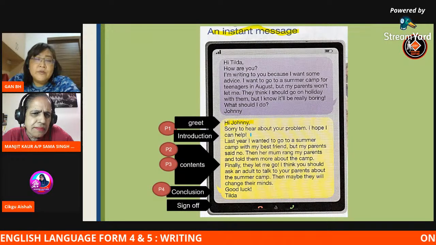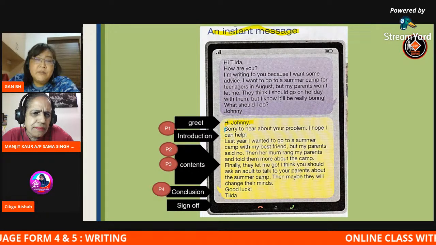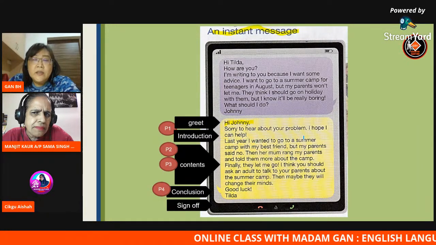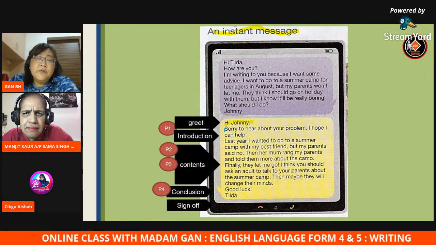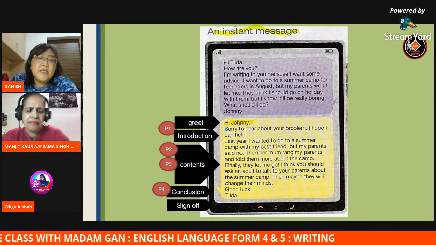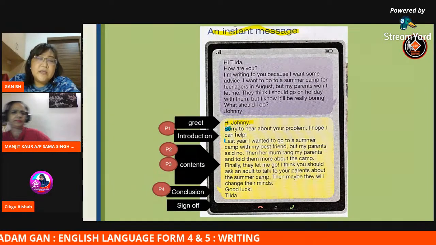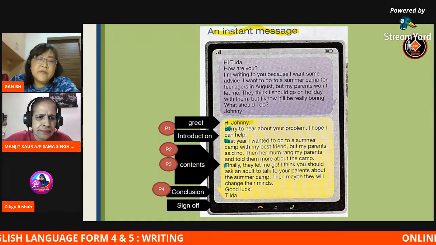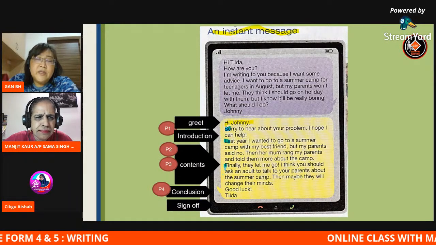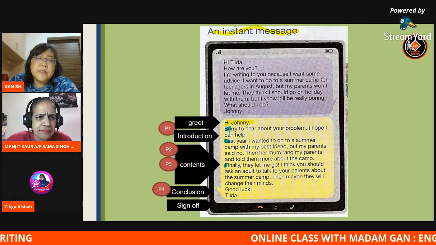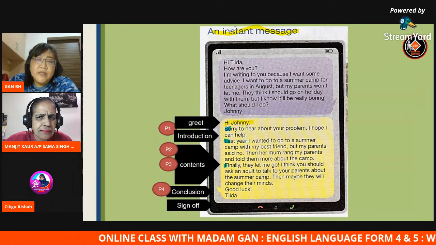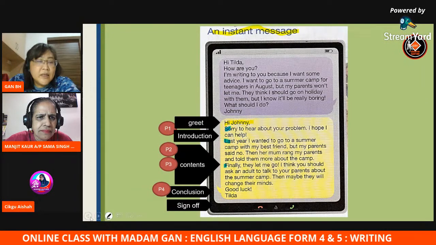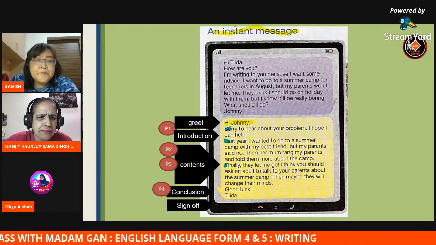Once you go to the next one, you can see that there is a block paragraph, but it's not clearly written. You don't see the gap, the one empty line. If you ask me, teacher, there is no spacing in front of last year and no spacing before the word finally? Yes, you can do this. This is called block paragraphing. But the problem is you don't see a separation in the lines here.